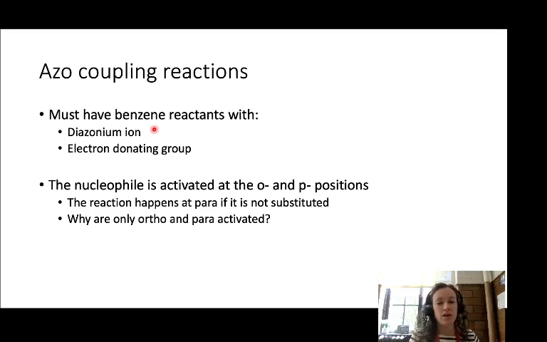But then we also need a nice electron donating group to attack that electrophile. We've got to make that benzene ring more nucleophilic with that dimethyl functional group. We just talked about how the nucleophile is activated at ortho and para, so that should make a lot of sense at this point.